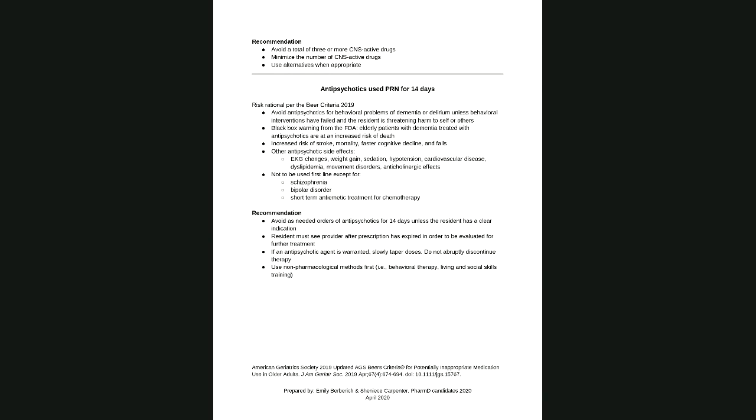But try to at least minimize the number when you can, and try to switch to an alternative when you can. So, for example, the diphenhydramine that I mentioned earlier on the list can lead to a lot of sedation and falls. But if the patient still needs some type of antihistamine, you could switch to what we call a second generation antihistamine. So things like Allegra or loratadine that usually cause less sedation and side effects in that population.